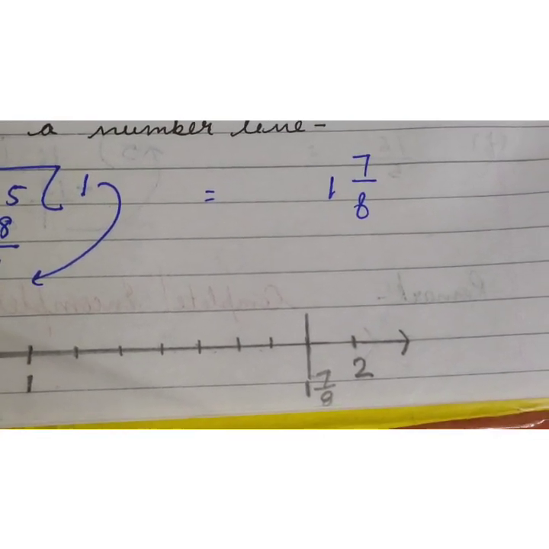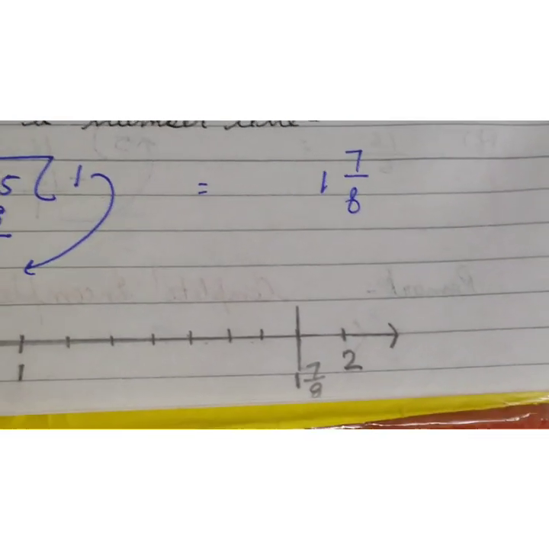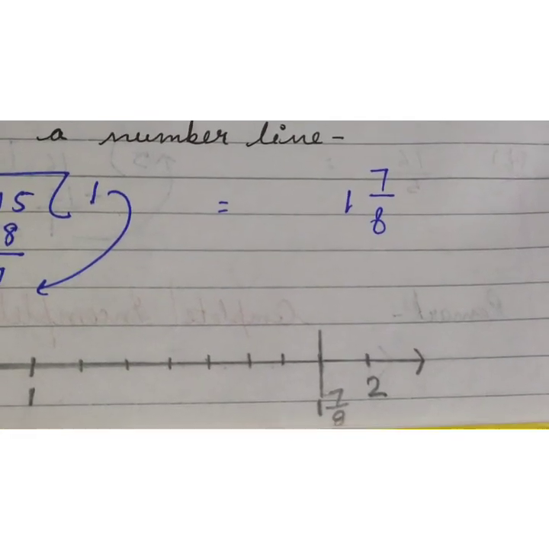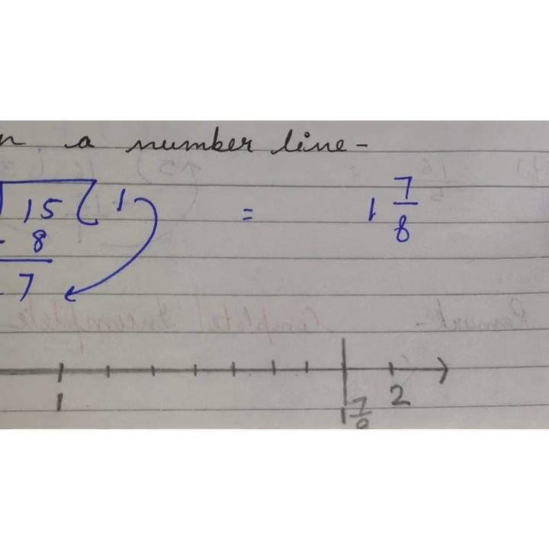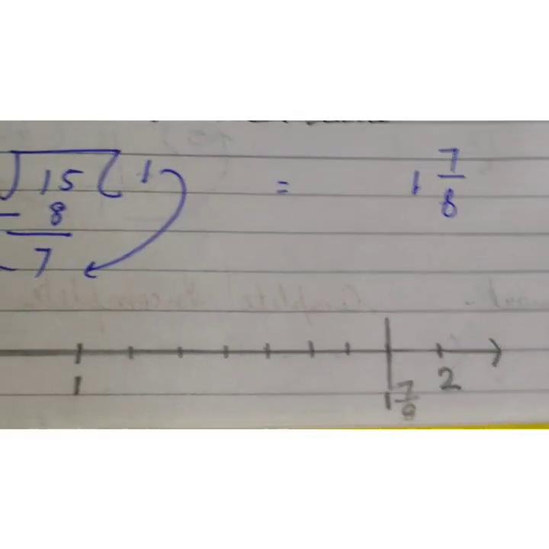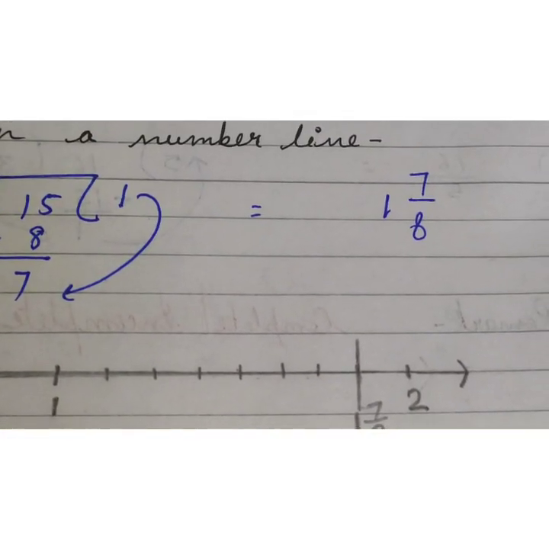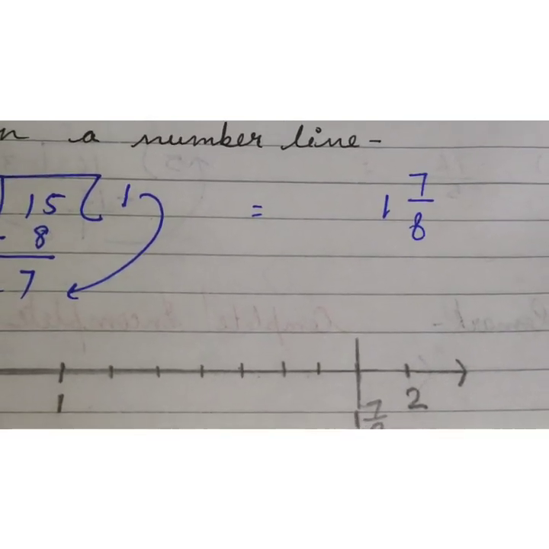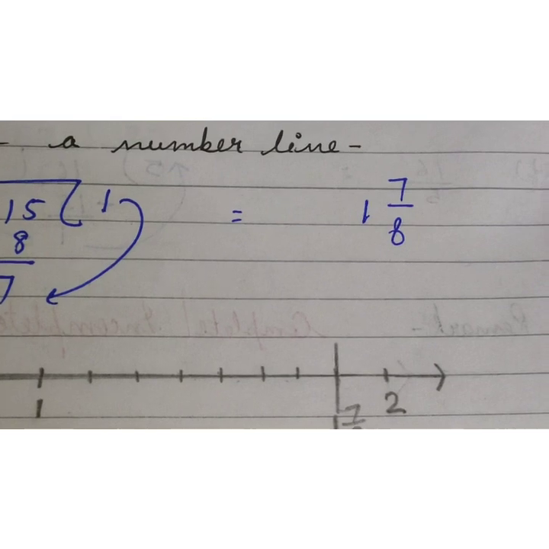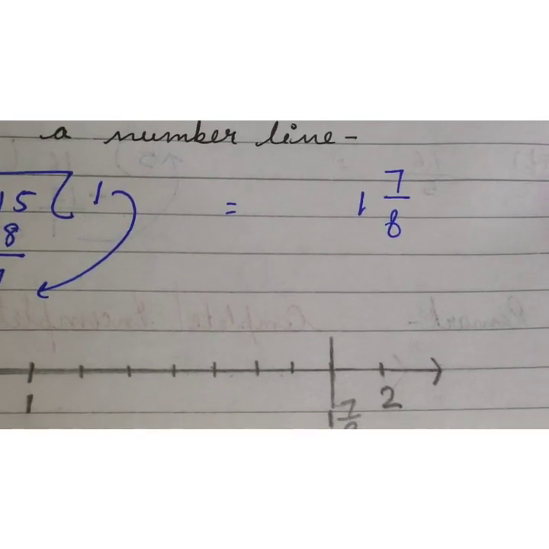But keep that in your mind, kids, that all these parts should be equal. You will not use guesswork; guesswork will not work here. Just use your scale to divide this section into 8 equal parts.